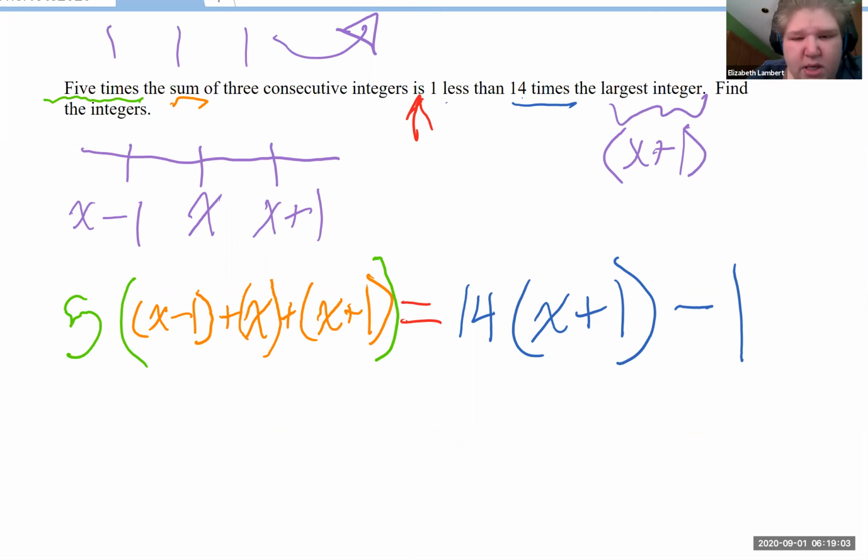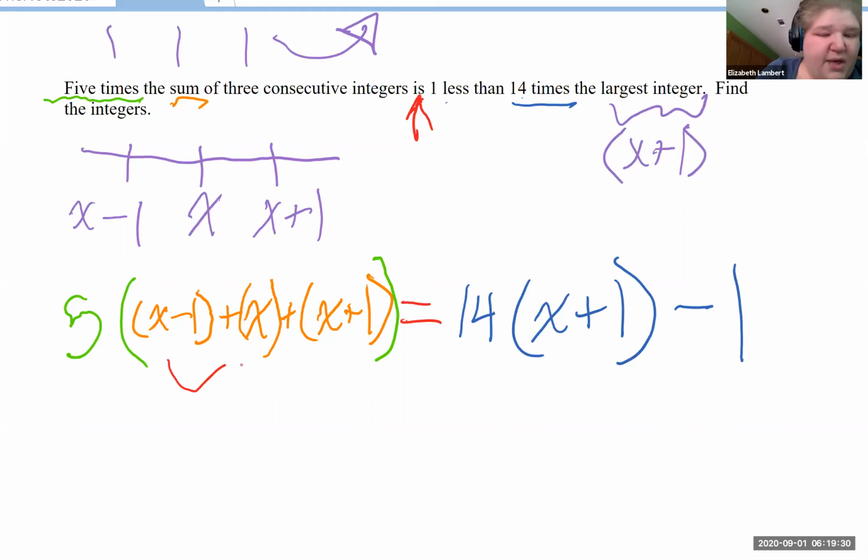So, lots of ways to kind of go about it. First thing I always like to do, clean up the parentheses if I can, especially over here on the left in the orange. I picked the labels in this way because x plus x plus x is 3 x's, and then minus 1, plus 1 is 0.